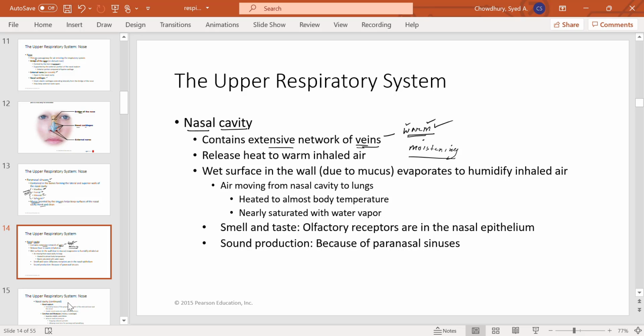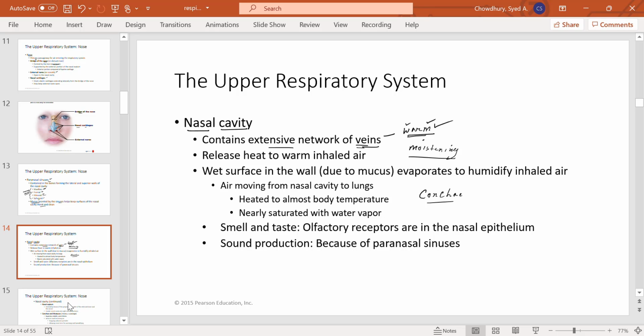Also, inside the nasal cavity, you have some structures. Those are called the concha, nasal concha, and those are actually some extended shelf-like structures. There are three: superior, middle, inferior in each side.